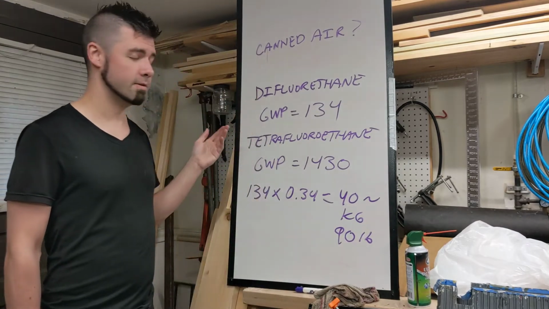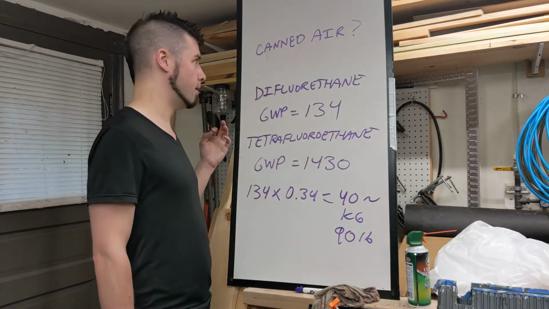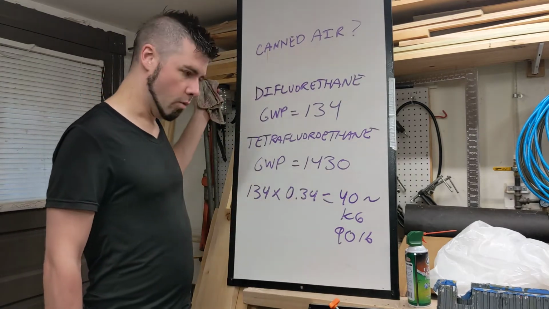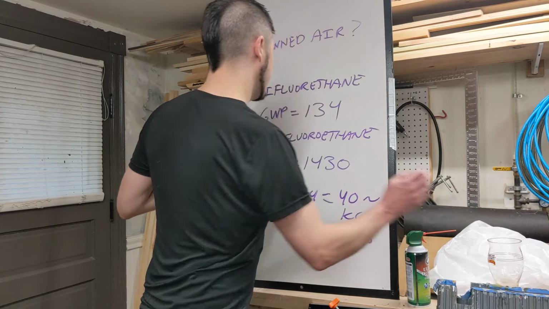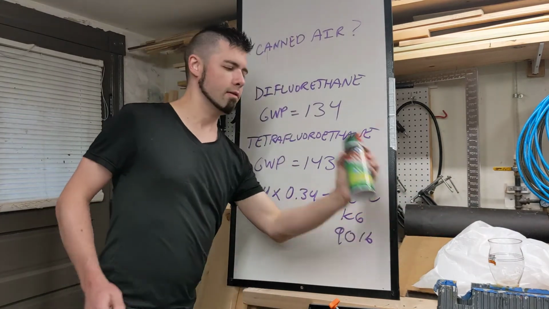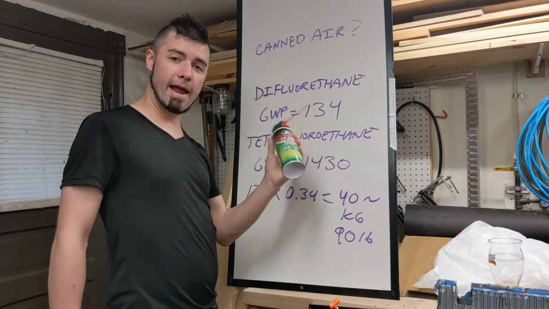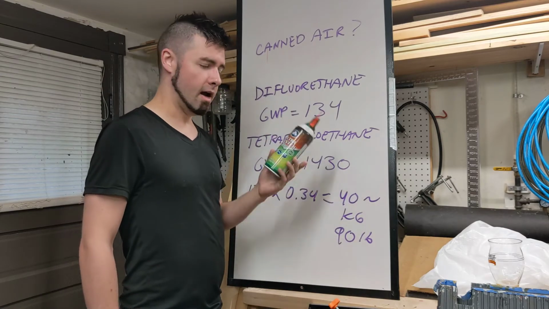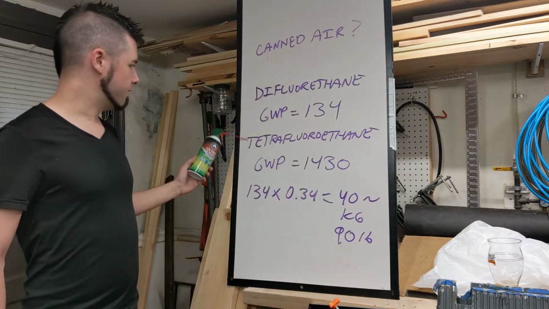So that's air dusters, or gas dusters, probably a better term for it. You can call them that if you want, but it's absolutely in no way air that is in here. It is a fluorinated hydrocarbon, either this one.